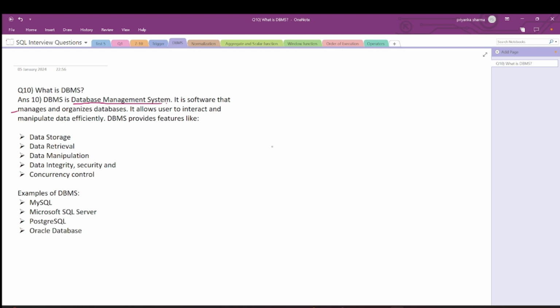I was using Microsoft SQL Server, which is one example of a DBMS, managed by Microsoft, and it allows me to organize and manage the database, right? I can interact with it, I can update, delete, store, manipulate, and do all sorts of things.